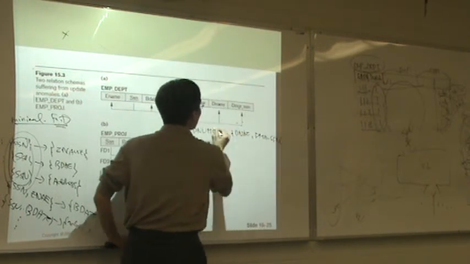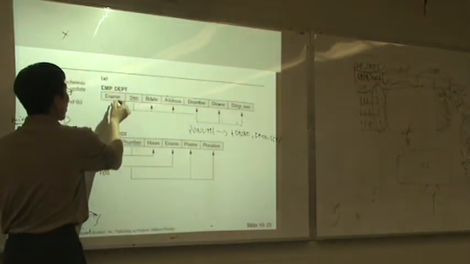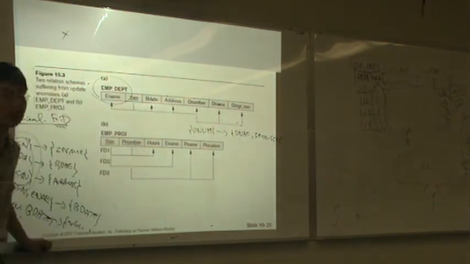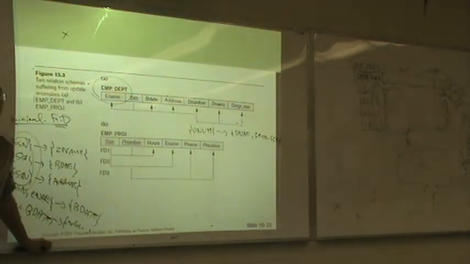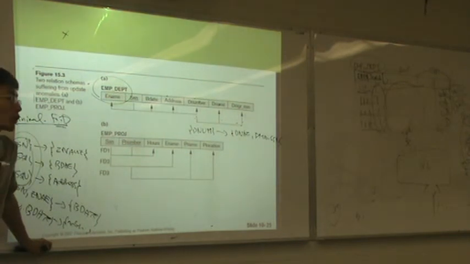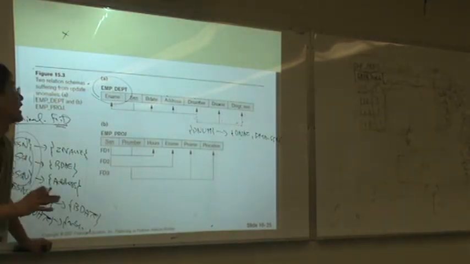This is called minimal functional dependency. So, how many minimal functional dependencies in this table? 2. Okay? So that is what we are interested in. Not just general functional dependencies, but minimal functional dependency.